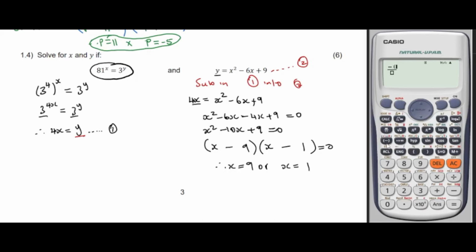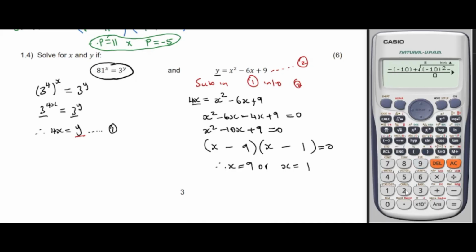So this will be minus b into minus 10, close the bracket, plus the root of minus 10 squared, then minus 4 into a, which is 1, and c, which is positive 9.